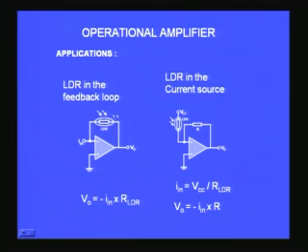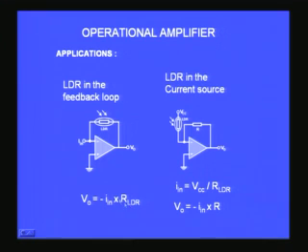Here what I have done is the same circuit, the current to voltage converter basic circuit, but instead of the feedback resistor R2, I have put an LDR, light dependent resistor. So if I give a constant current I in now and vary the light intensity falling on the LDR, you would find due to the light intensity the resistance changes because it is a photoconductive cell, light dependent resistor, and you would find when the resistance changes the output voltage changes, because the relationship is V output is equal to minus I in into R LDR.